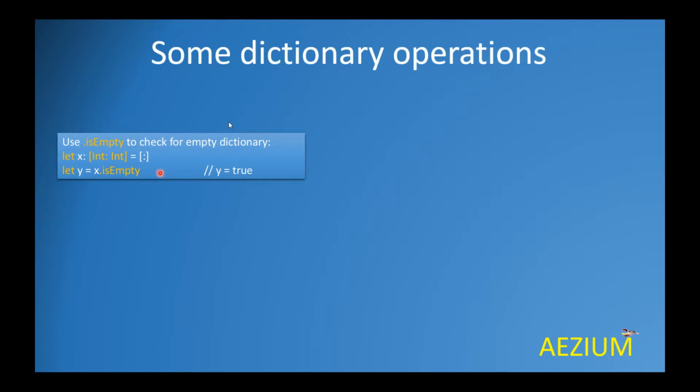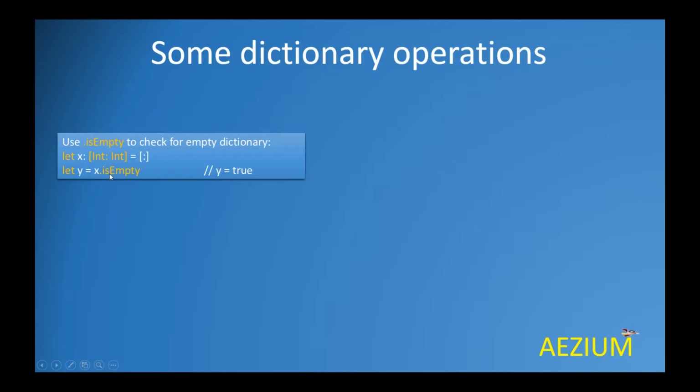We can also check whether a dictionary is empty or not. Here is an example where x is again a constant dictionary of type int, and it is set to be equal to an empty dictionary. y is a constant, and we are assigning the value returned to it by x dot isEmpty, where isEmpty, like the other cases of arrays and sets, determines whether x is empty or not.